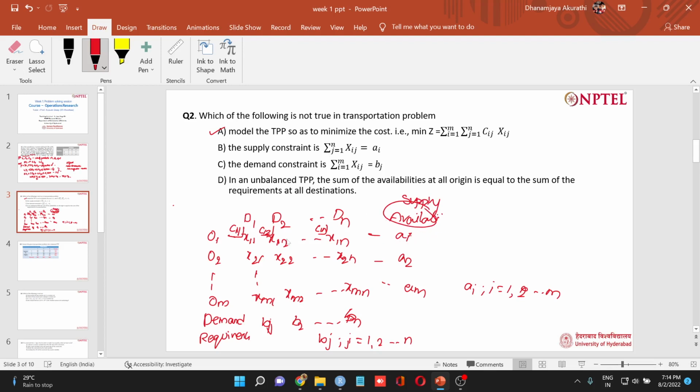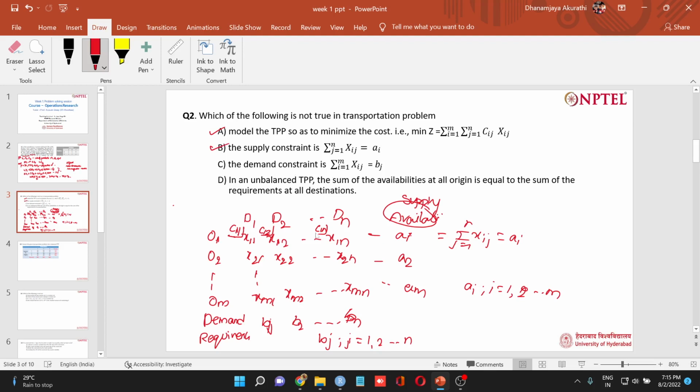The summation of all the quantities transported from origin i is ai, or from origin 1 it is a1. So summation j equal to 1 to n of xij is equal to ai. This is the supply constraint, so this is also true.